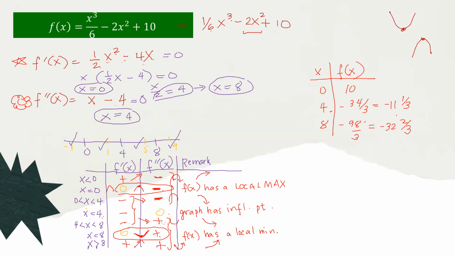Okay. So tingnan na po natin yung graph niya. Kailangan po natin yung mga ating critical points again. Those are yung x na 0, 4, 8. Nakuha nating answer dito ay 10. Tapos dito ay si negative 34 over 3. Tapos si negative 98 over 3.